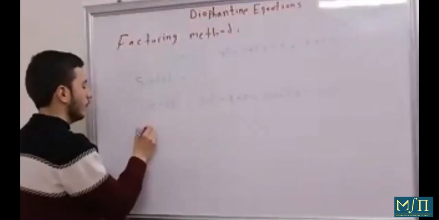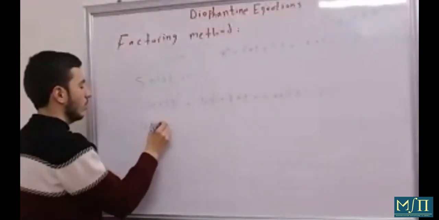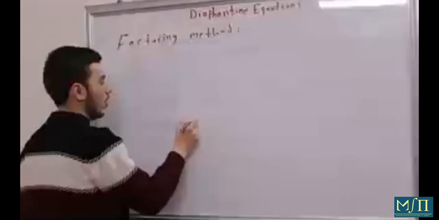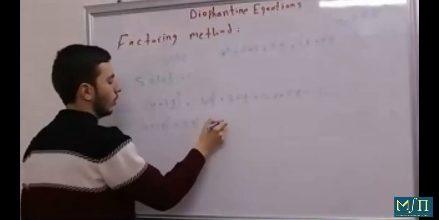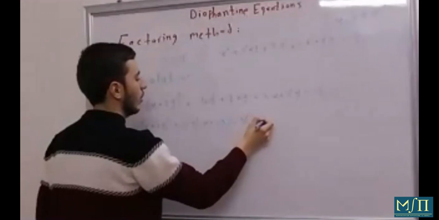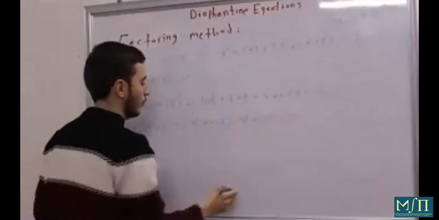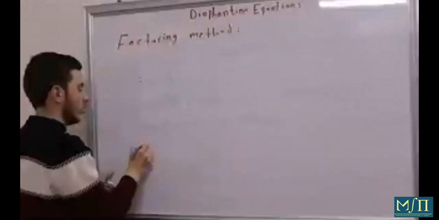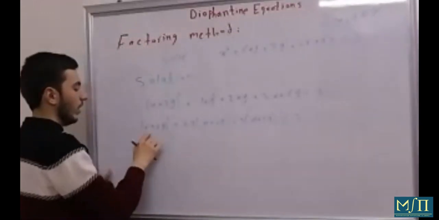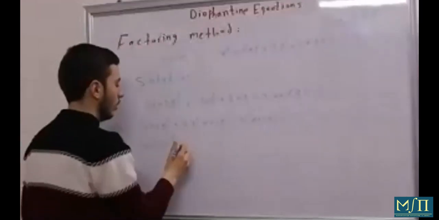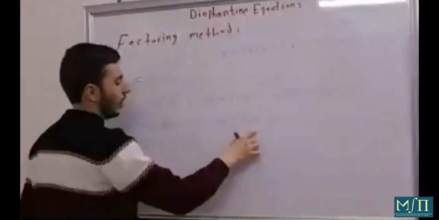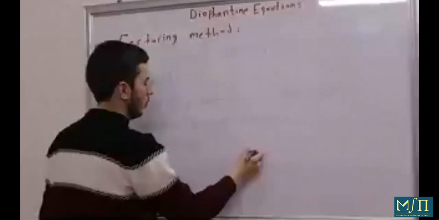So let's try this: (x plus 2y) squared plus 2y times (x plus 2y) plus 3 times (x plus 2y) equals 2. We can take x plus 2y as a common factor. Now we have (x plus 2y) times (x plus 2y plus 2y plus 3), so (x plus 2y)(x plus 4y plus 3) equals 2.